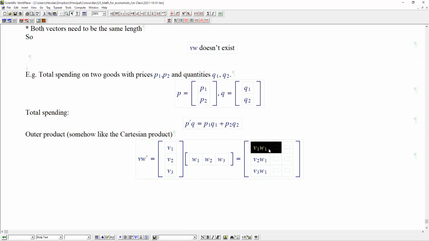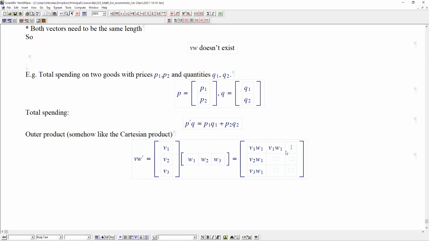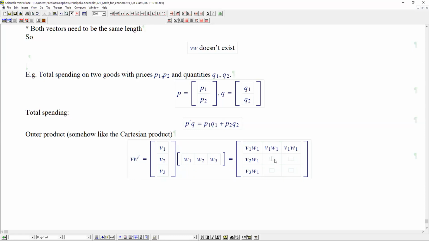And here it is the same with W2 and W3. So that's completely different. It may look strange, but that's the way you do it.